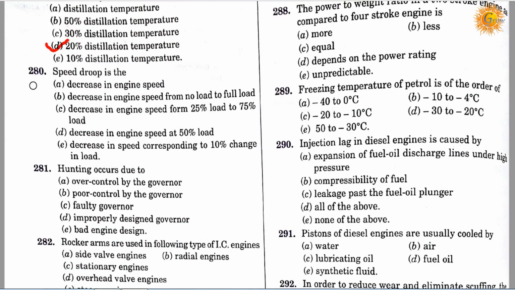Question number 280. Speed drop is option A, decrease in engine speed, option B, decrease in engine speed from no load to full load, option C, decrease in engine speed from 25% load to 75% load, option D, decrease in engine speed at 50% load, option E, decrease in speed corresponding to 10% change in load.